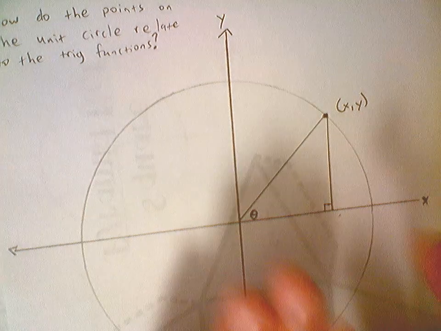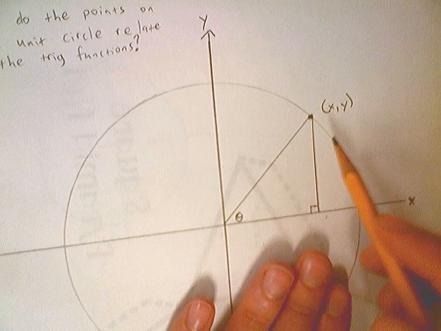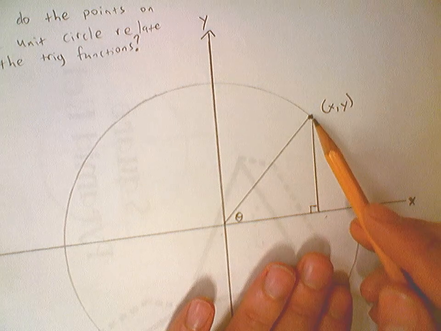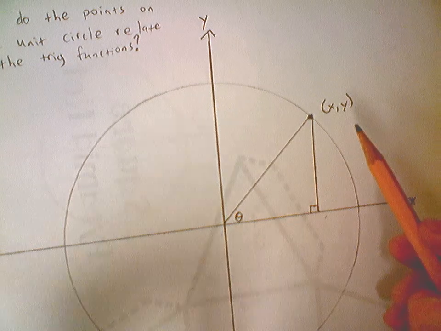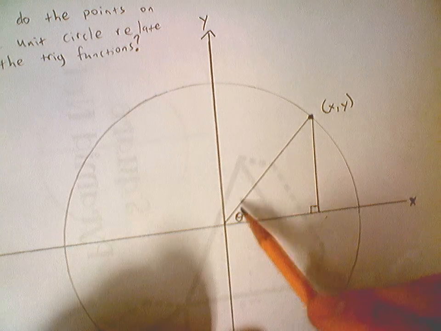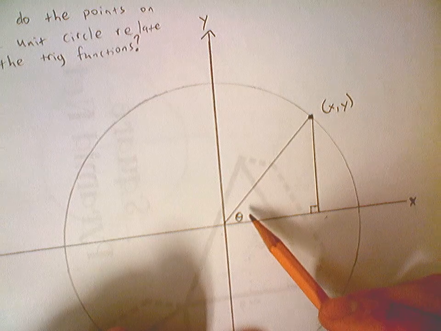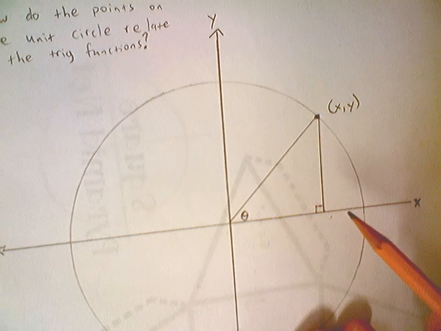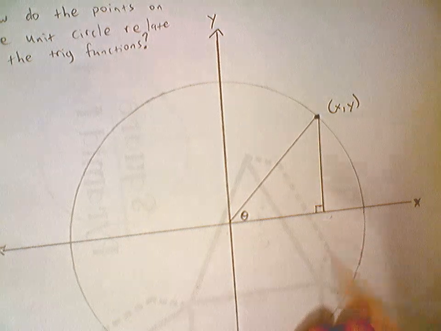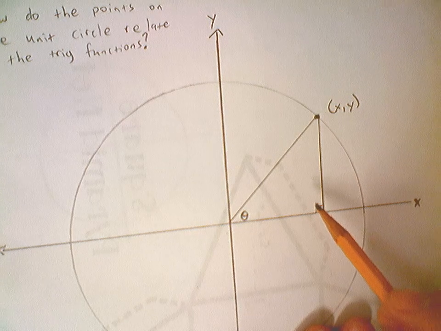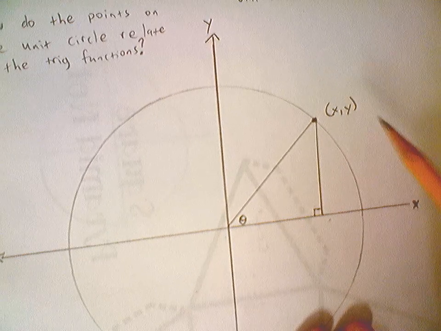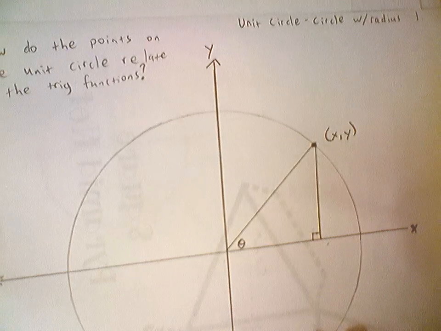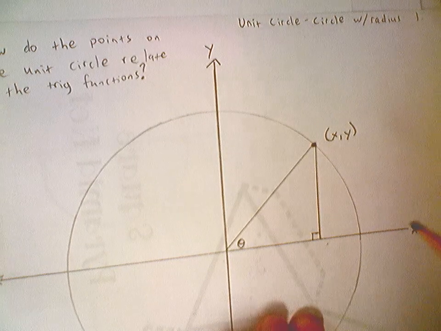Alright, so let's work with what we've got right here. I've got my unit circle, a point on that circle I've labeled x and y, I'm going to keep it as general as possible, and I've got this angle theta. First, we need to use what we know about this circle. We know that this is a unit circle, so the radius is 1.